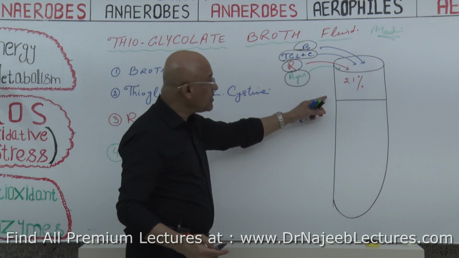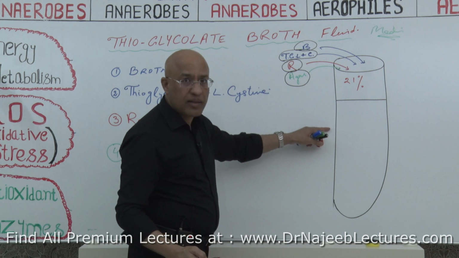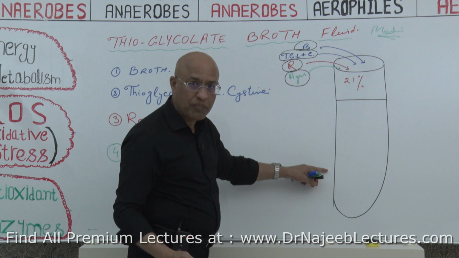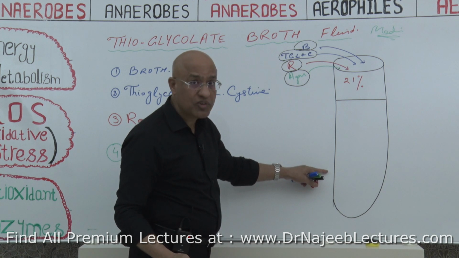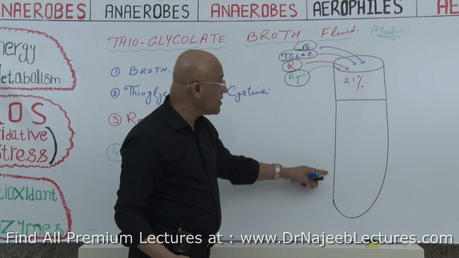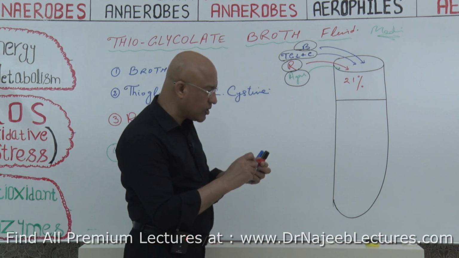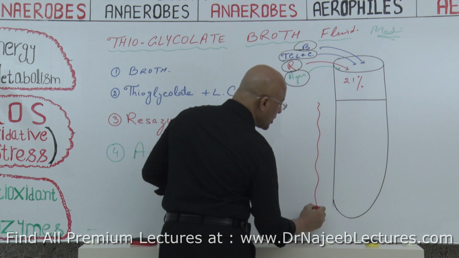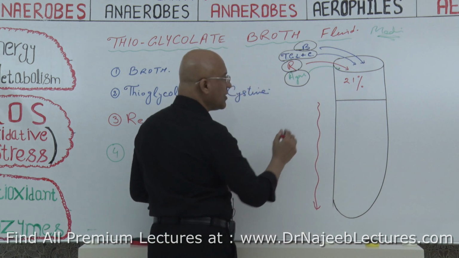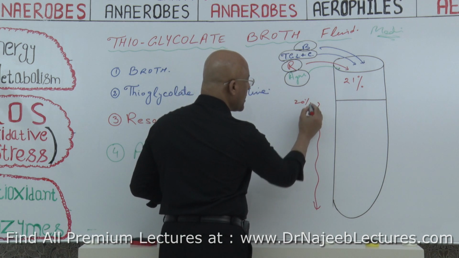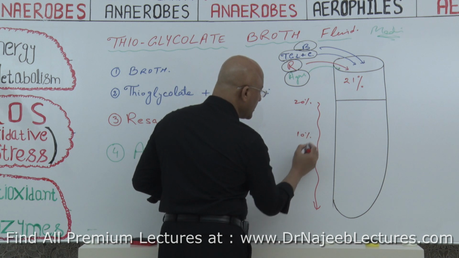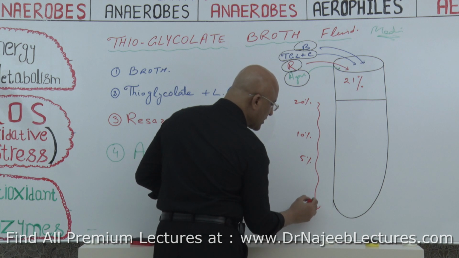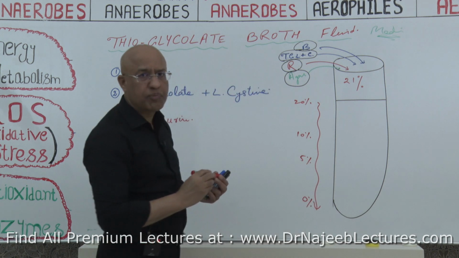And as oxygen tries to go down, it will get neutralized partially and then completely by thioglycolate and L-cysteine, right? And if above there is 21% oxygen at the top, as we move down, oxygen concentration will decrease. For example, here is 20%, here maybe it is 10%, here oxygen is 5%, and here maybe 0% or 0.5%.